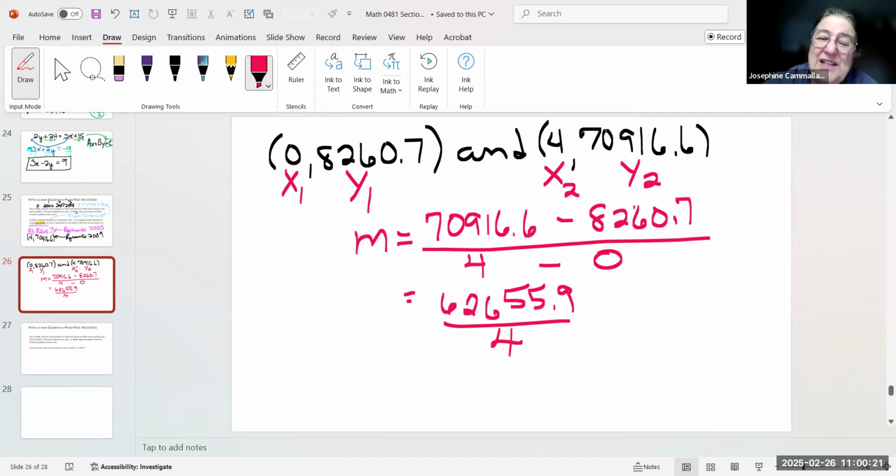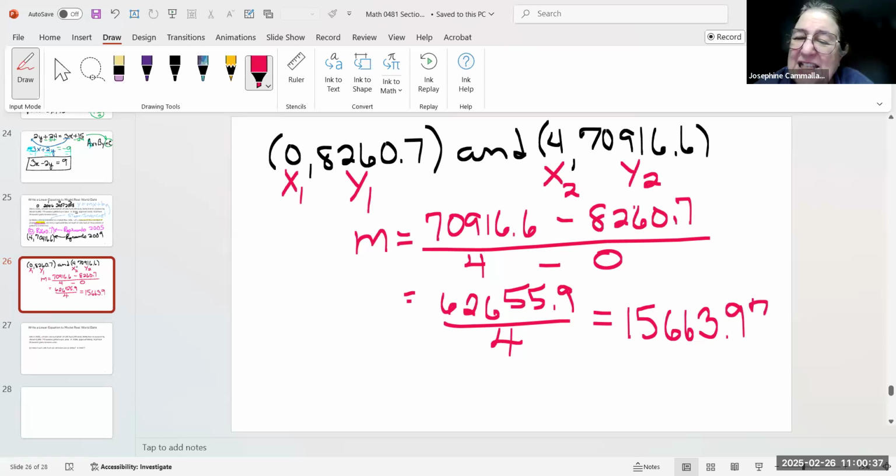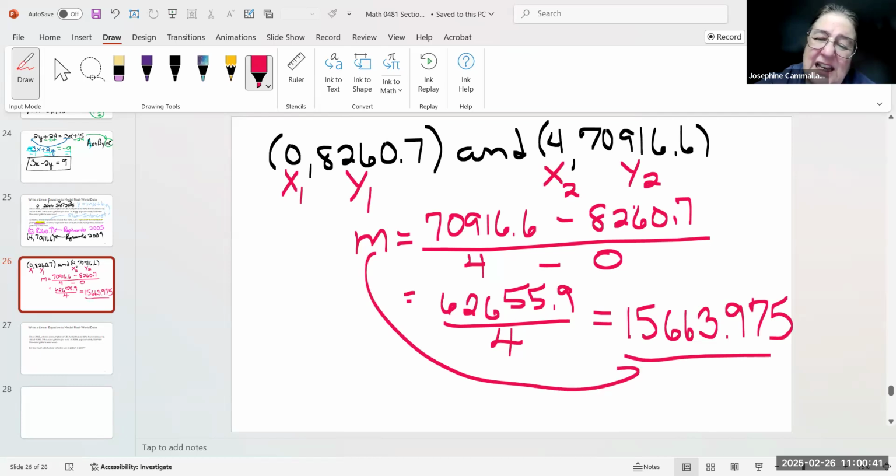Now, this is going to give you a slope of 15663.975.